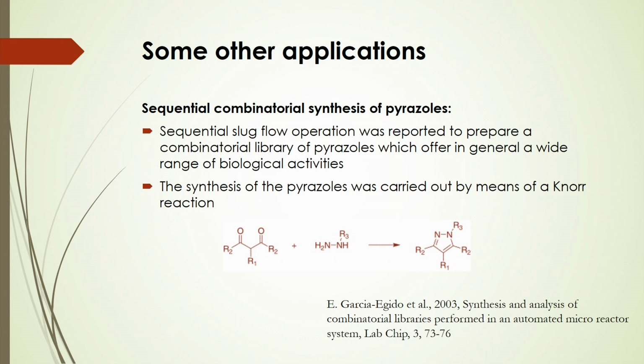This is also important because whenever fluid flows through microchannels, mostly the flow pattern is slug flow. So, Garcia-Egido et al. 2003 reported that this slug flow pattern also gives process intensification for the synthesis of the pyrazoles, which is carried out by means of a NOR reaction as given in the slides here.